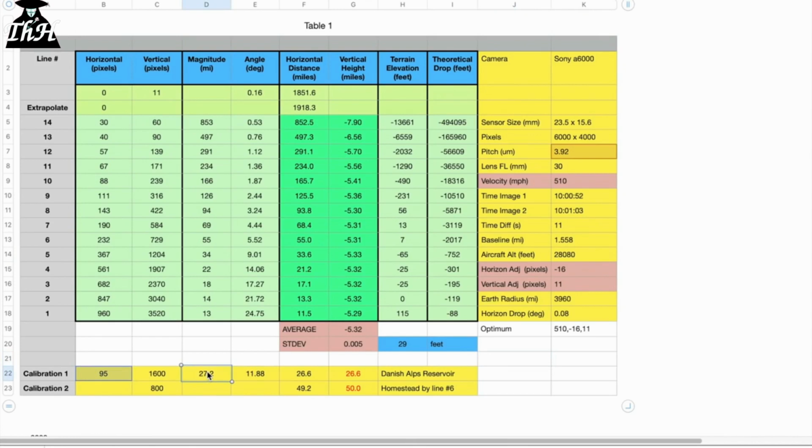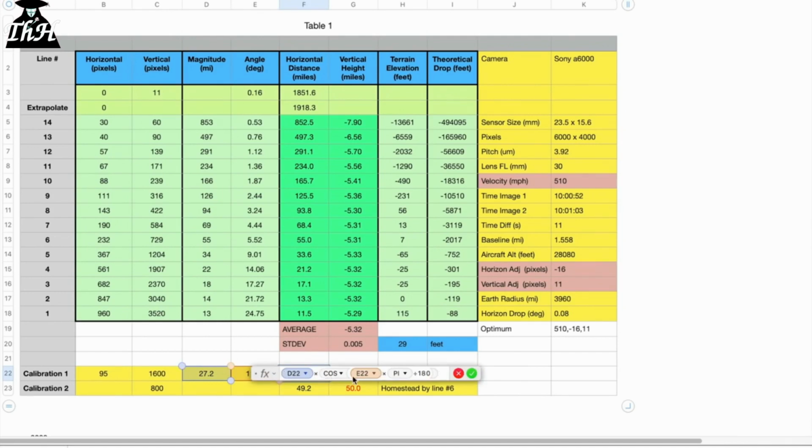I wanted to rotate the image correctly, so I picked this calibration point based on the Danish Alps reservoir, and we'll look at that in a second. It has a width of about 17 something, and here's the equation, the same as the ones above, and I get a distance of 26.6.